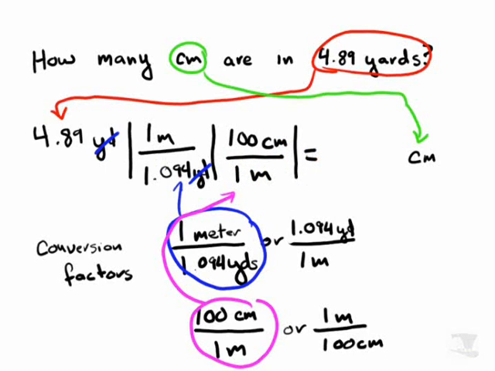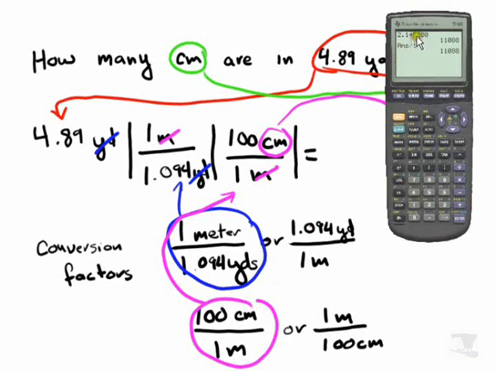And now I can cancel the units, leaving me with the units that I eventually want. Good. Now, can you figure out the mathematics? What numbers I'd punch in my calculator in order to complete this?